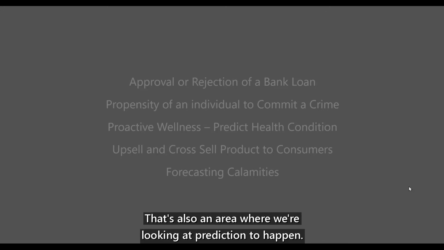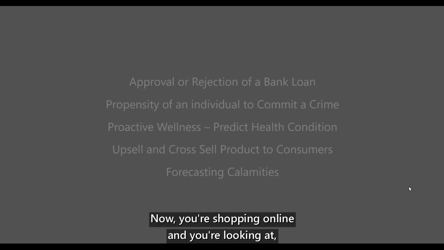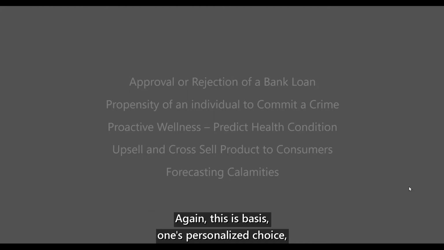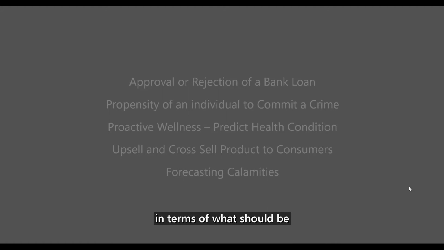That's also an area where we're looking at prediction. Now you're shopping online, and you're looking at how we can upsell and cross-sell a product to a specific customer. Again, this is based on one's personalized choice in terms of what should be upsold or cross-sold to a particular consumer. And finally, can we forecast weather calamities aptly? Can we avoid disasters?